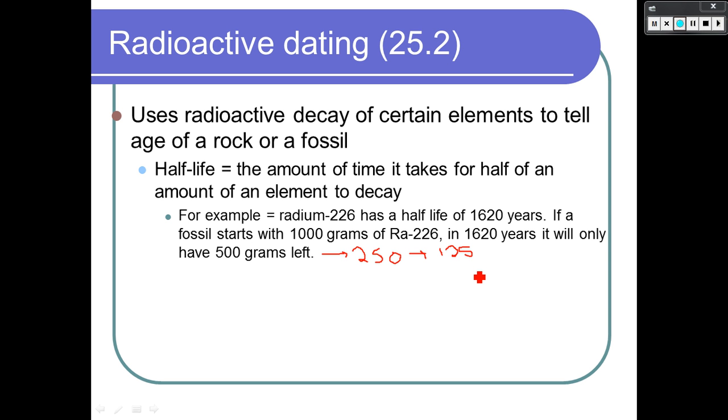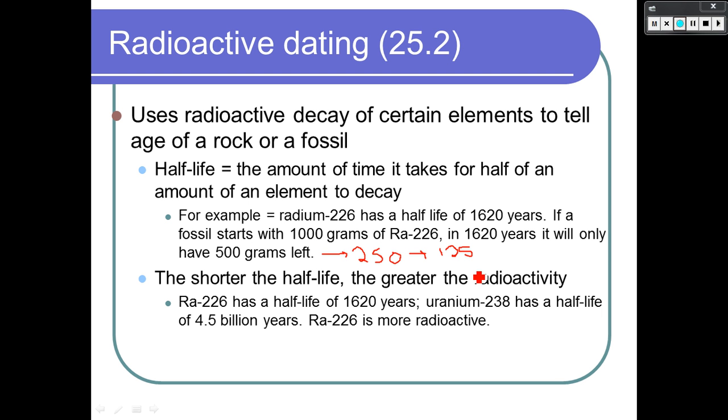So they know what the original ratio is, they know what the ratio is now, and they know how quickly carbon-14 decays, so we can tell when this thing was living. And since with fossils we're looking at thousands or tens of thousands, or even sometimes millions of years, whether that living thing, plant or animal, was alive for 50 years or 100 years or even 200 years doesn't really matter.